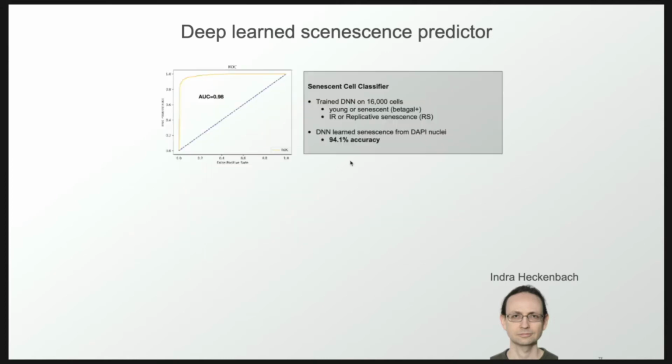If we do that, we get a very, very high degree of accuracy in our neural network's ability to predict senescence based on beta-gal. We have also done it without beta-gal, just simply by ionizing radiation or replicative senescence. And we get typically around 90% accuracy, so it's extremely accurate based solely on the nucleus size and shape and whatever else is in the DAPI staining.